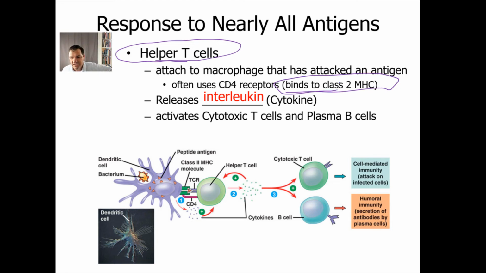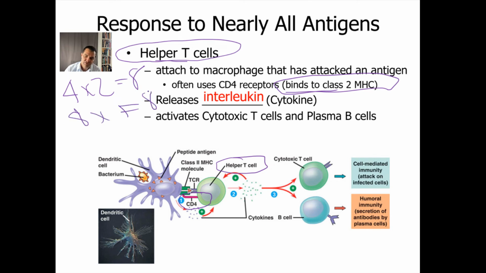The class 2 MHC is going to bind to a helper T cell that has its own receptor on it called a CD4 receptor. I always remember 4 times 2 is 8 and 8 times 1 is 8. If you remember 8 all the time, it makes it easier for me, but we'll see.